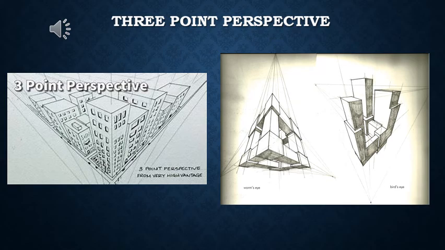And if you see, we have two vanishing points on the horizontal line, and the third vanishing point is above the horizontal line or below the horizontal line. In the first drawing we can see that the third vanishing point is above the horizontal line, and in the second drawing we can have it both at the top of the horizontal line and at the bottom.